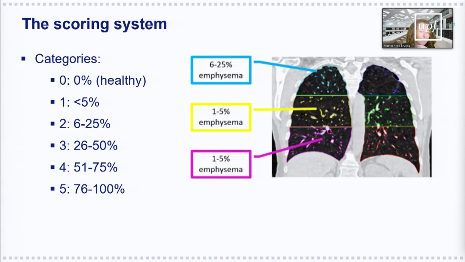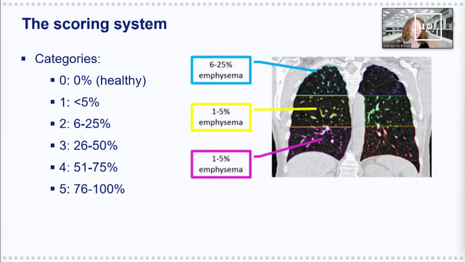Now, looking in a little bit more detail, this is the scoring system that is used. We divide the lung fields in 3D in 3 regions, roughly upper, middle, and lower parts of the lungs. And then the radiologists score in 6 categories, whether there is no emphysema at all, or what is the estimated extent of emphysema.